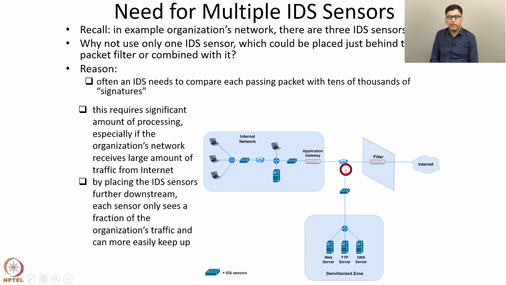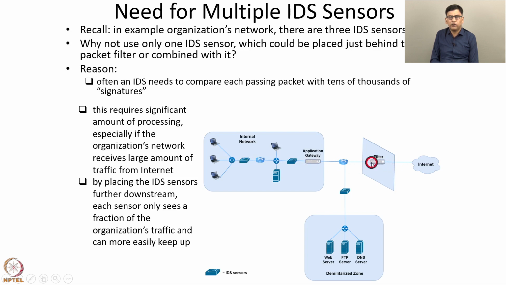So if the IDS sensor were kept here, then all the traffic that is flowing into the organization's network would flow through the IDS. So a large amount of traffic would need to be analyzed by the IDS sensor. But if it is kept downstream, for example, this is a downstream point which receives only a fraction of the traffic that comes into the organization's network. So this is a downstream point, this is another downstream point.